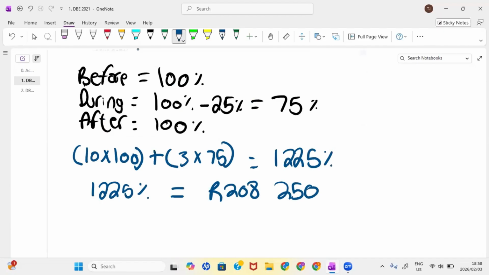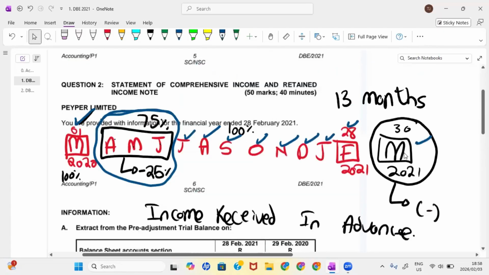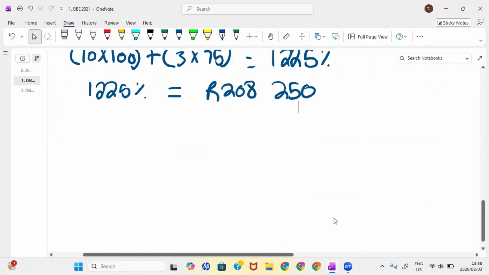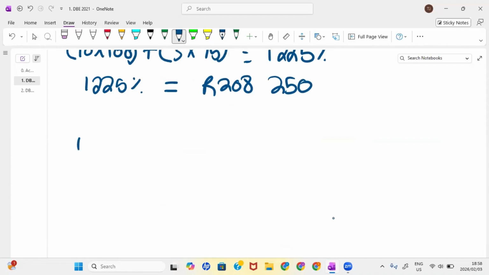So why are we doing this? So that we can get the 1 month here, which is literally 100%. No problem.